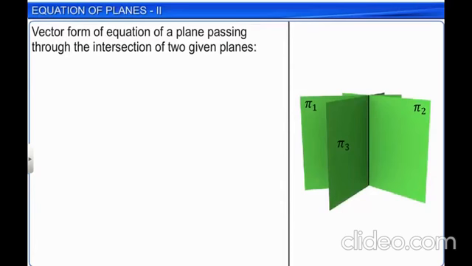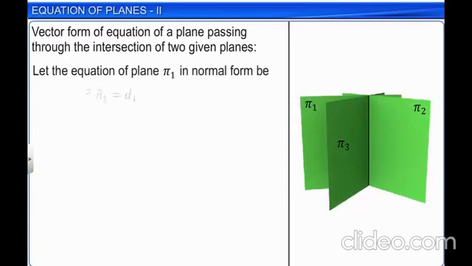planes, pi1 and pi2. Let the normal form of the equation of plane pi1 be given by equation 1. Here, vector r is the position vector of a point on the plane. Vector n1 is the unit vector along the normal to plane pi1, and d1 is the distance of plane pi1 from the origin.